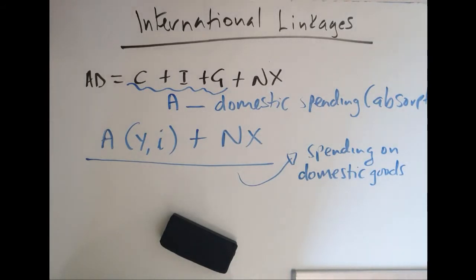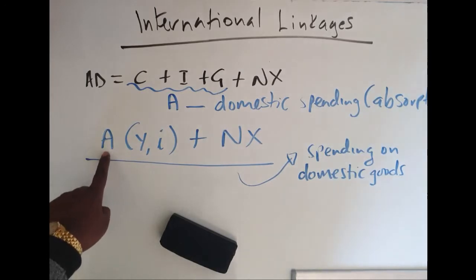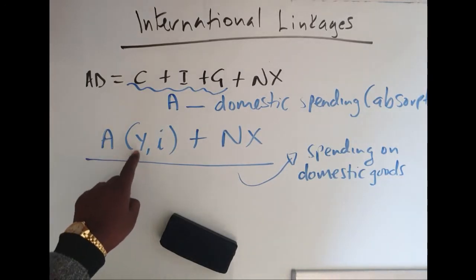So now, when you look at this idea, spending on domestic goods recognizes that not all the output you produce, you consume yourself. Part of it is consumed by people from other economies. Now, we already mentioned factors that affect domestic spending.